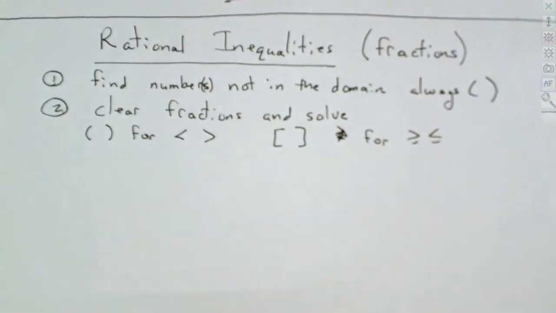So step-by-step procedure. First thing we do is we find what numbers don't work. We label those. Those are always going to get parentheses. Then we clear the fractions and solve it. Now, once we have done that, they're either going to have brackets or they're going to have parentheses. That's going to depend upon the inequality. And now we put them on the number line and check.